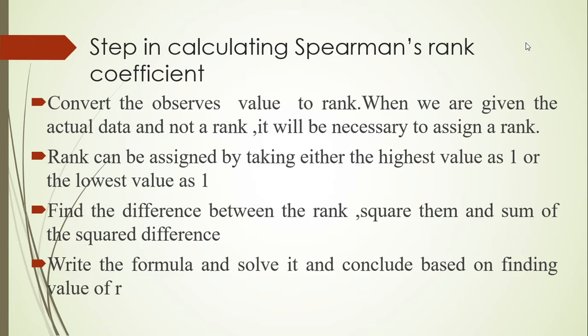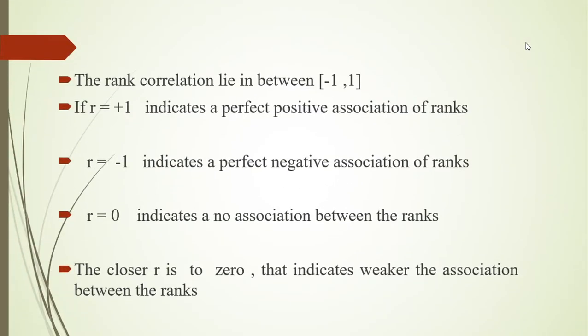So the value of r will always lie between -1 and 1 for any data. When we calculate the rank correlation, the value should be between -1 and 1. Now there are some conclusions here. If we get r as positive 1 for any data, that indicates a perfect positive association of the rank.